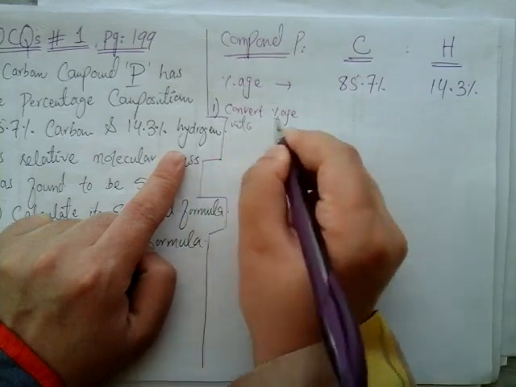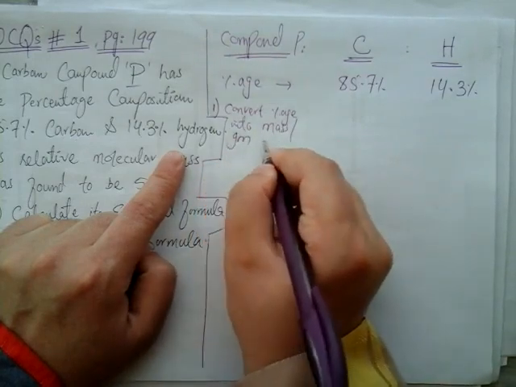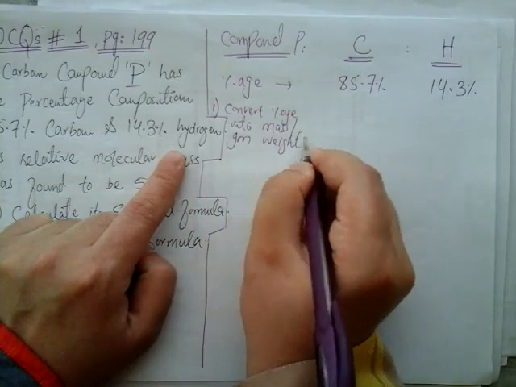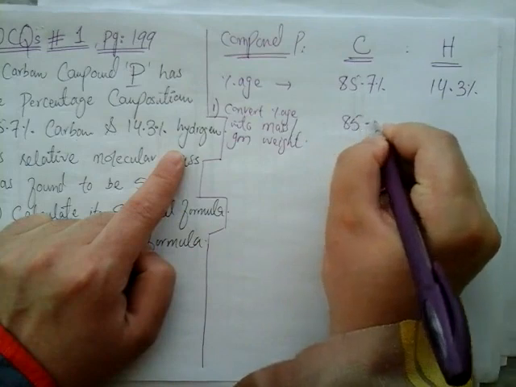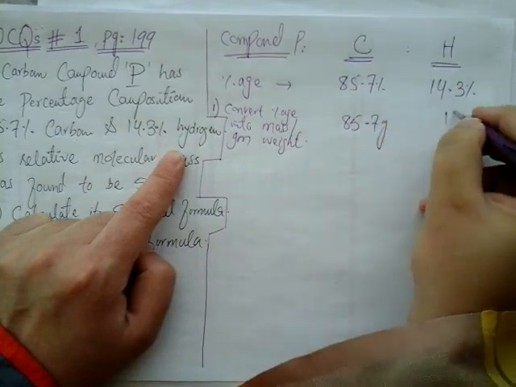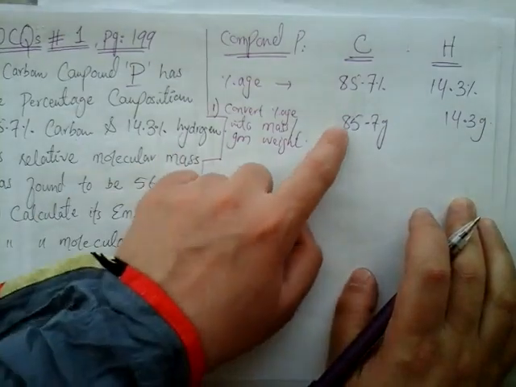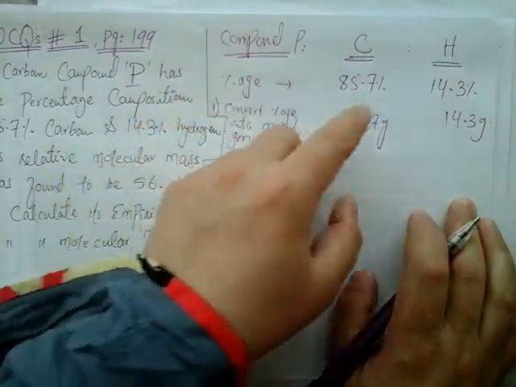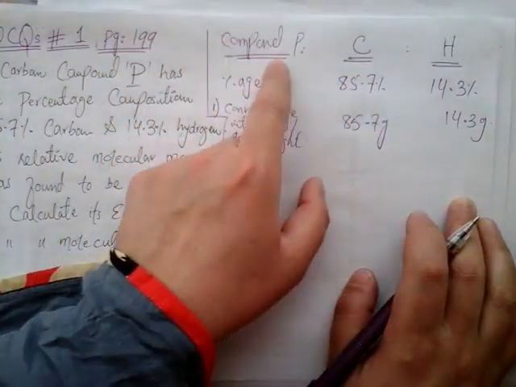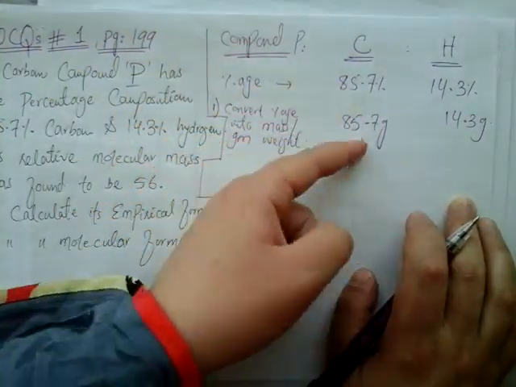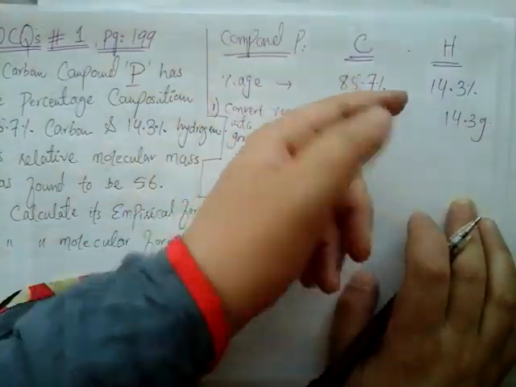In the first step, you have to convert percentage into mass or gram weight. So here I will take 85.7 gram or 14.3 gram. Why did I do this? If you take 100 gram of this compound, it will definitely consist of 85.7 gram of carbon and 14.3 gram of hydrogen.